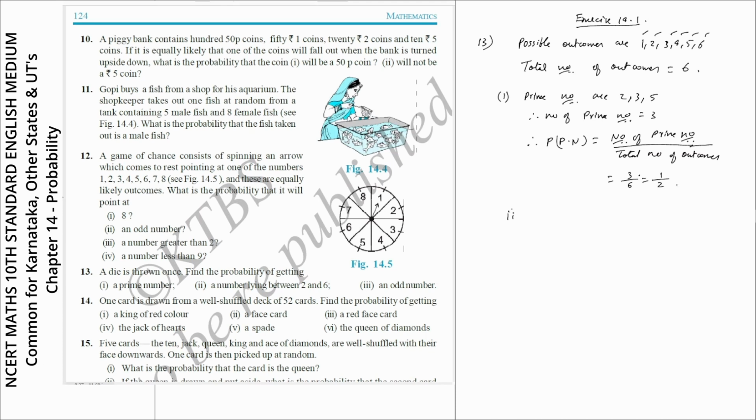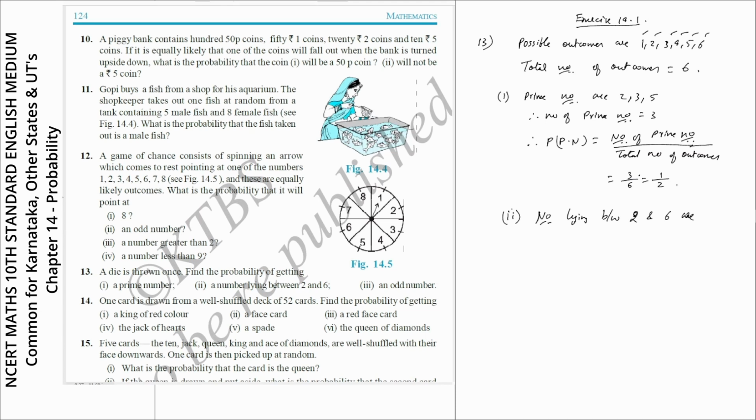Coming to the second sub question, the number lying between 2 and 6. What are the numbers lying between 2 and 6 among the possible outcomes?